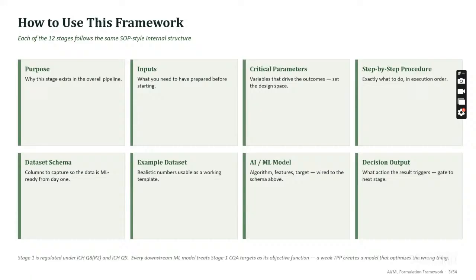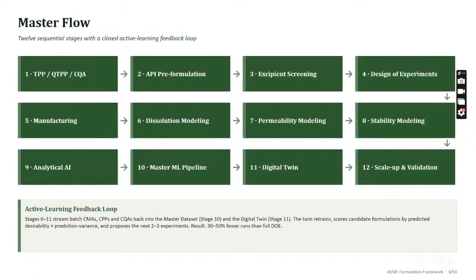The key idea is that the stage one quality attributes become the objective function for every downstream model. Here the master flow is 12 sequential stages with a closed active learning loop.